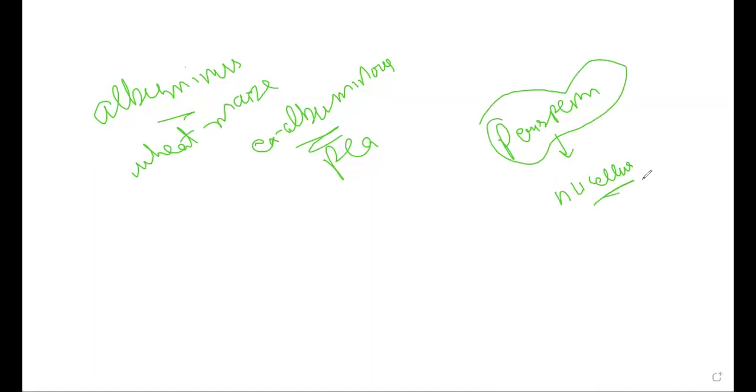If a mature seed, remember this, we are talking about a mature seed now. In all three cases, we are talking about a mature seed. A mature seed with endosperm is known as albuminous. A mature seed without endosperm is known as ex-albuminous. And a mature seed with a remnant of nucellus also. What was the nucellus?